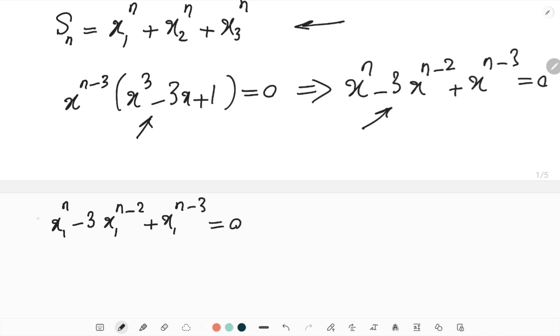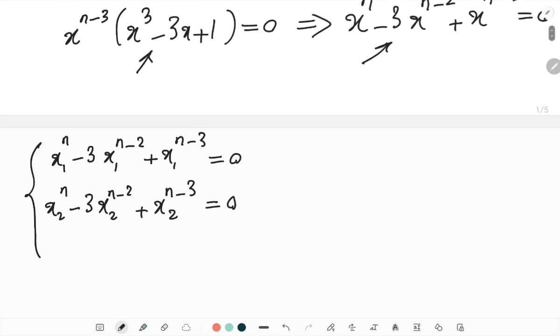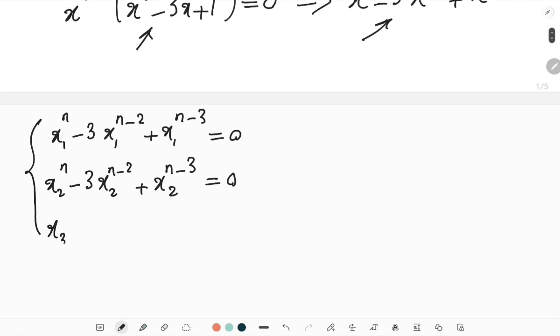I can also say the same thing about x2 and x3. So x2^n - 3x2^(n-2) + x2^(n-3) = 0. This is also 0. And the same about x3: x3^n - 3x3^(n-2) + x3^(n-3) = 0.